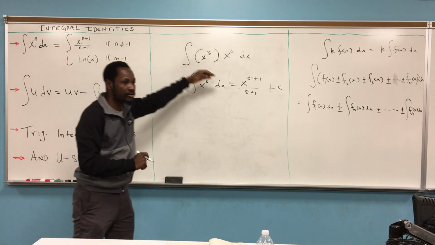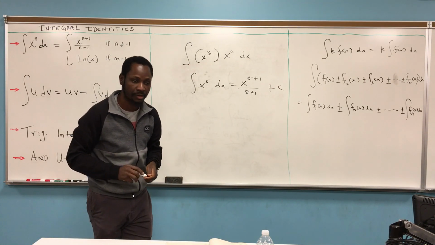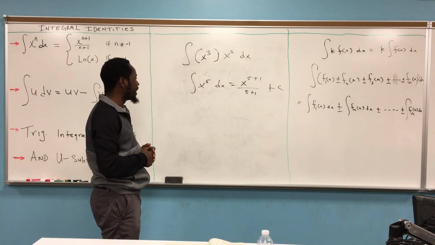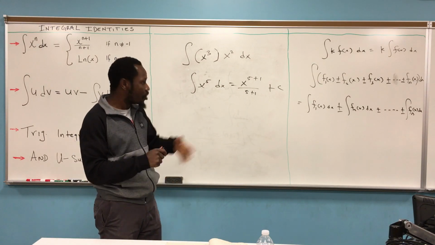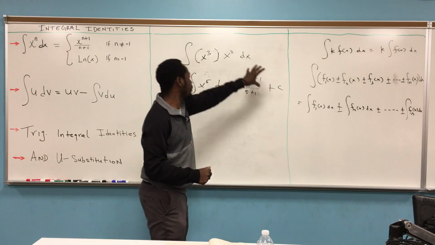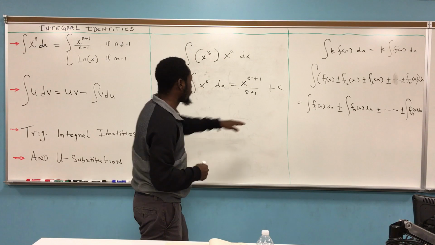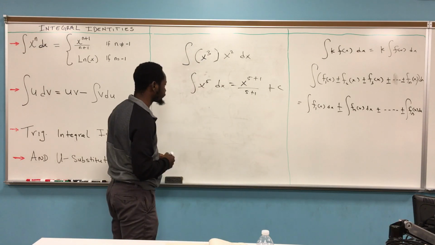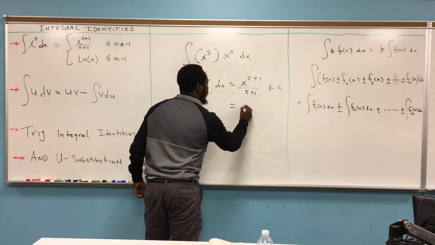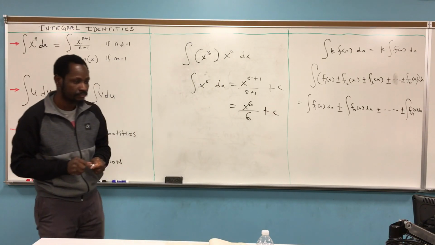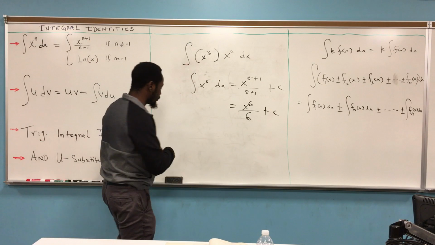Always add a constant of integration, because there is a family of functions that you differentiate, and they'll give you this. It's not unique, and that's why we always add a c. This will give me x to the 6th over 6 plus c, right? Very easy. It is not always that you can do that.